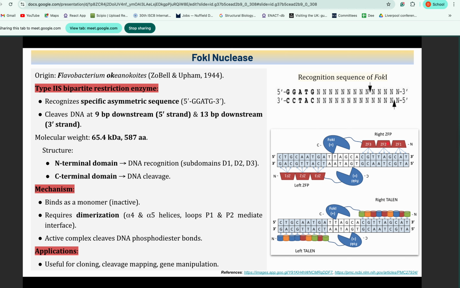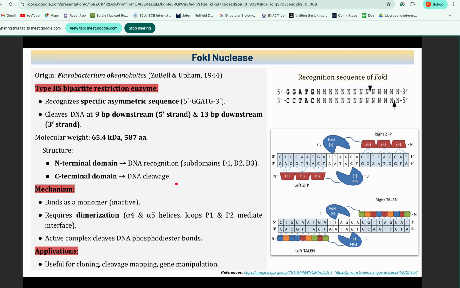These domains can be some other domains also. And why are these domains important? Because these domains are responsible for binding to the DNA, and they are responsible for DNA recognition. Then there is a C-terminal domain, which is also known as the nuclease domain, responsible for the DNA cleavage.